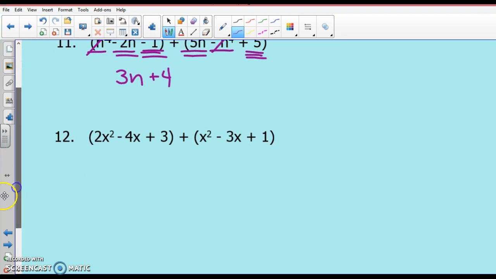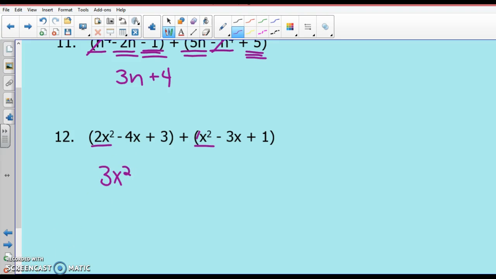Here we go. 2x squared plus x squared is what? Are you guys joking with me? There's a 1 there. What's 2x squared plus 1 x squared? 3x squared. Combine like terms.